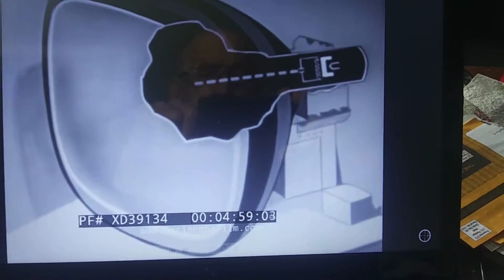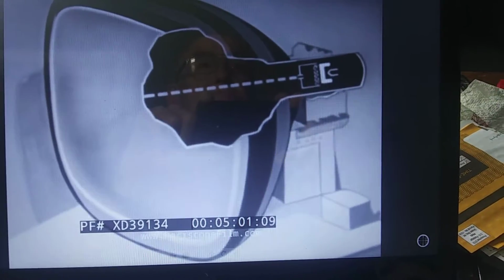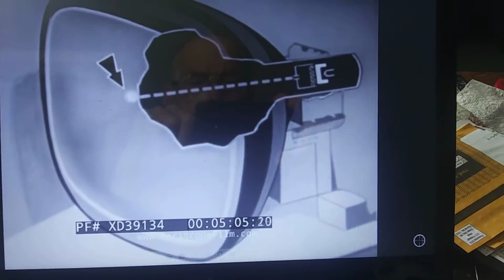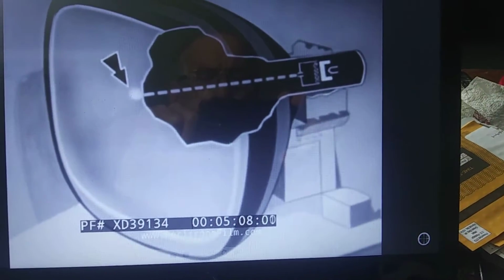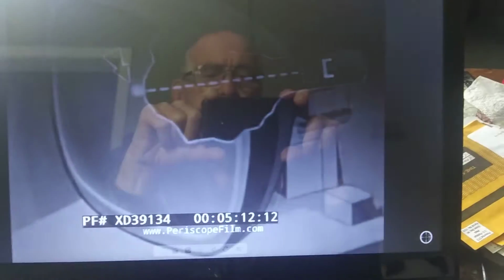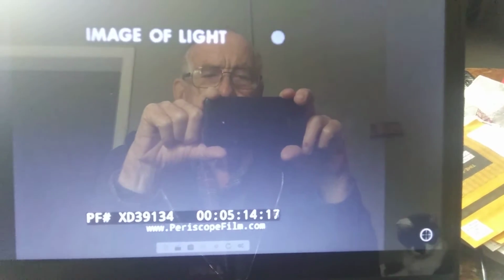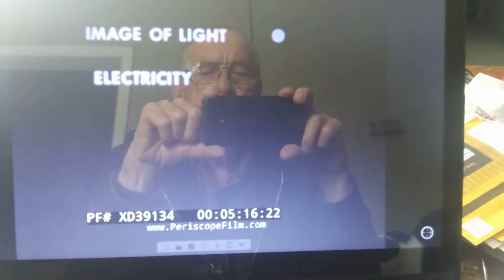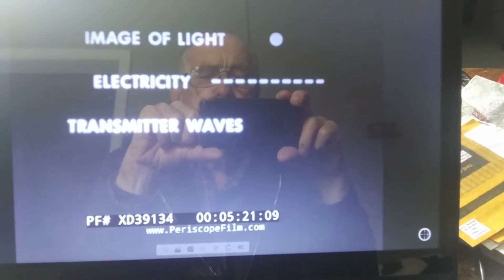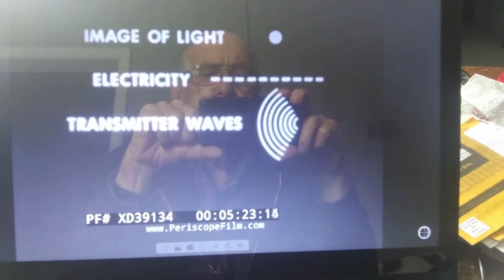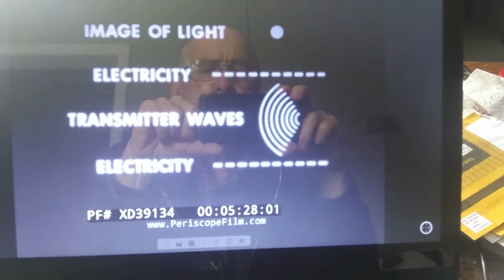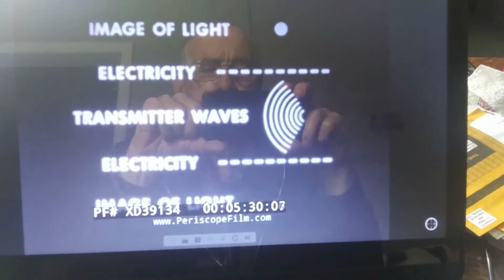Here, the signal controls the electron beam so that it strikes the fluorescent face just hard enough to make a gray dot on the receiver screen. Thus, the basis of television is an image of light, which controls electricity, which regulates transmitter waves, which again control electricity, and finally is turned back into light.